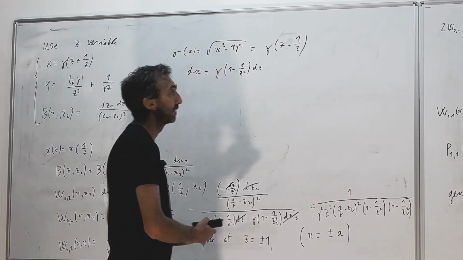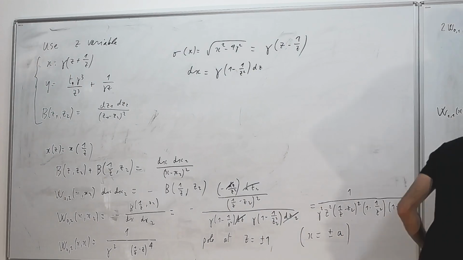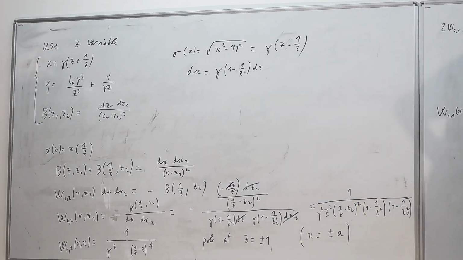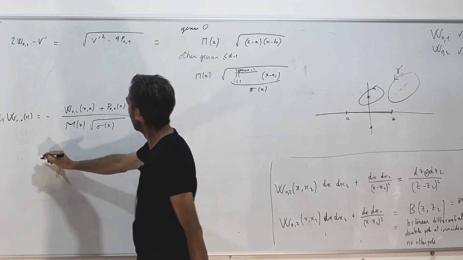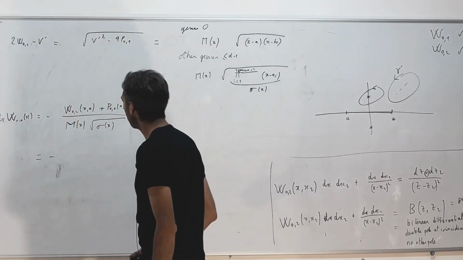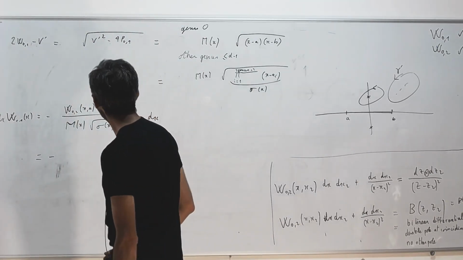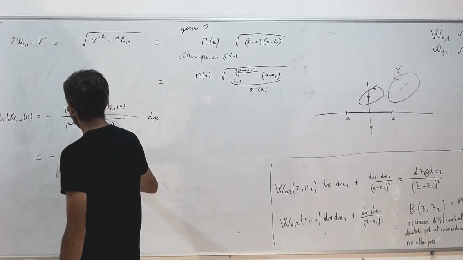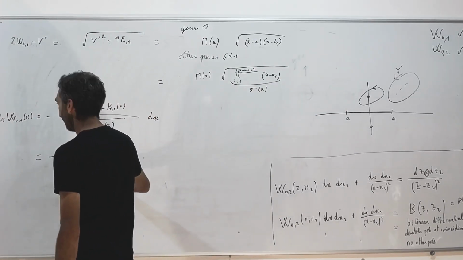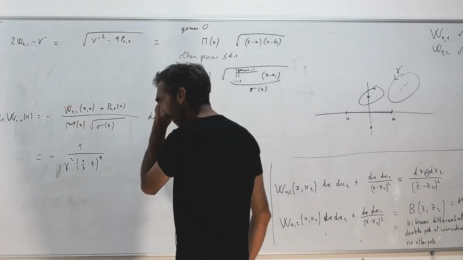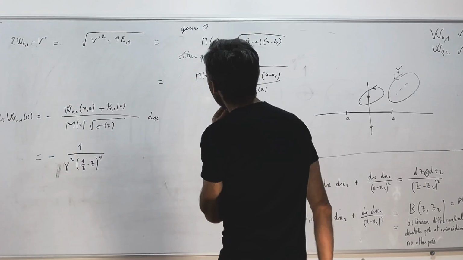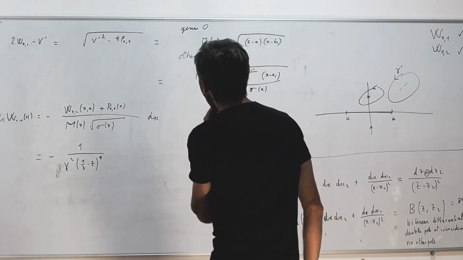So let me put this here. Let me multiply everything by dx. So this will be minus 1 over gamma squared, 1 over z minus z to the 4, times square root of sigma.